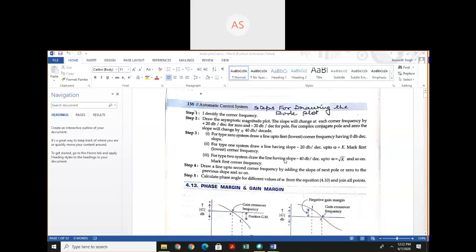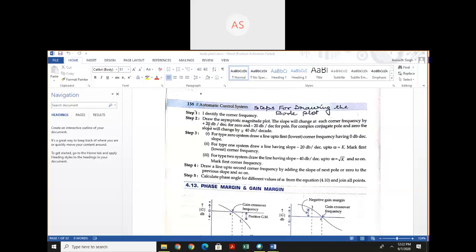These are the steps for drawing Bode plot. First, we identify the corner frequency. The slope will change at each corner frequency.